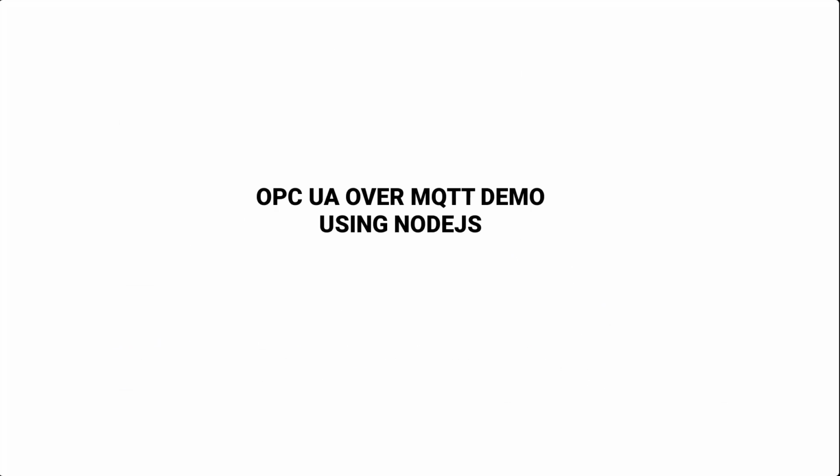Okay, so now that you understand the OPC UA PubSub specification and the OPC UA over MQTT implementation, what I would like us to do next is to go through a practical demonstration of publishing OPC UA data over MQTT using Node.js.